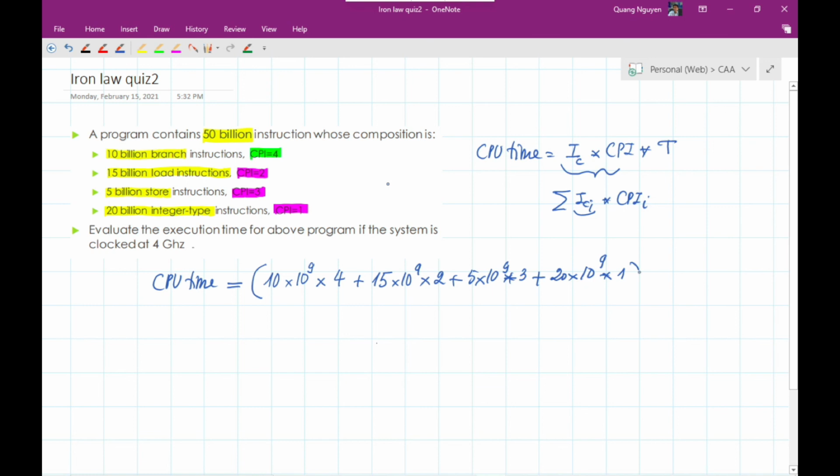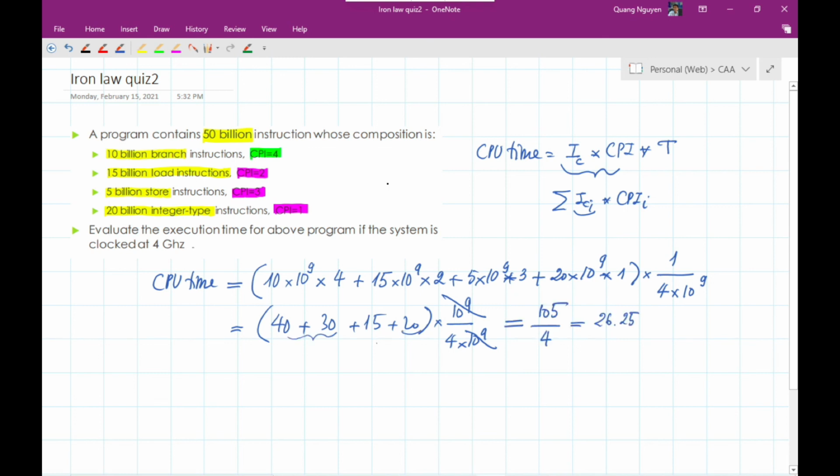And this then times 1 over 4 gigahertz. Simplify this. This will be equal to the time that the CPU takes to finish the 50 billion instructions of this program.